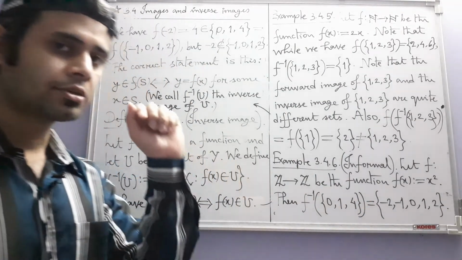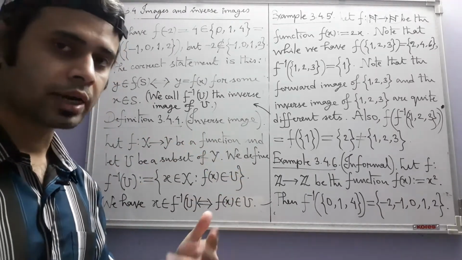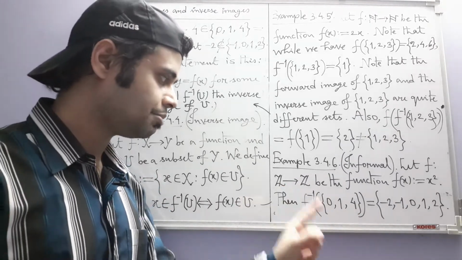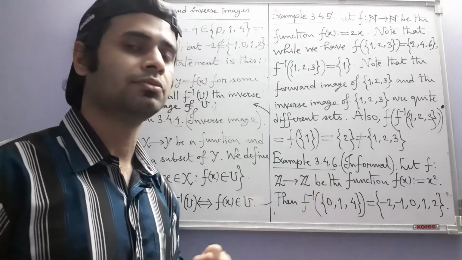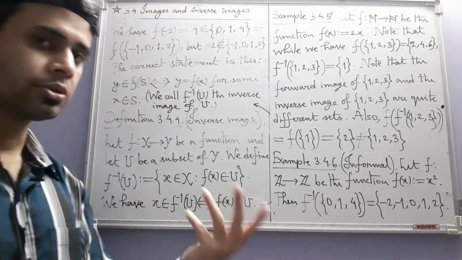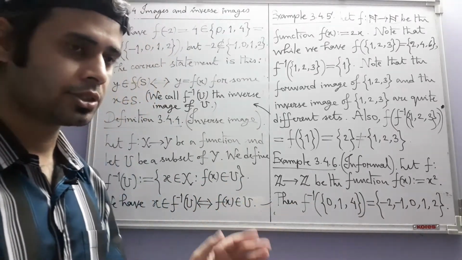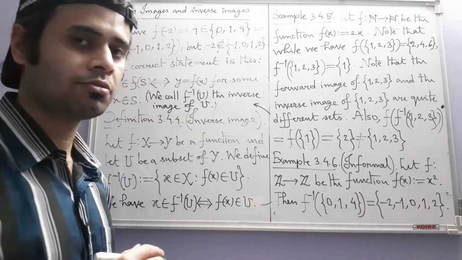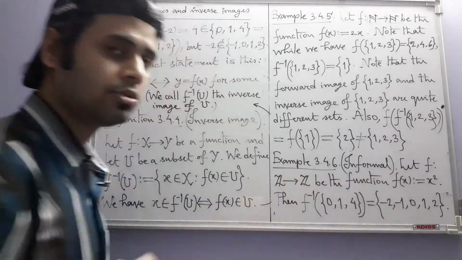You have to collect those elements whose squares are in this set. So effectively what we are to calculate are the square roots of these numbers. And the square roots can be both, all the possibilities, negative as well as positive, not just the positive square root. Square root of 0 is 0, square root of 1 is -1 and 1, square root of 4 is -2 and 2.